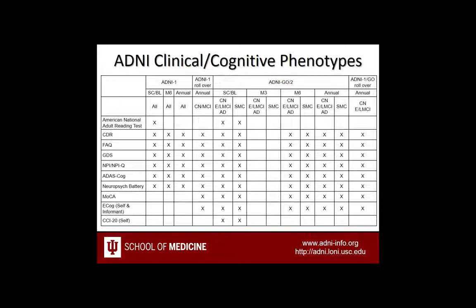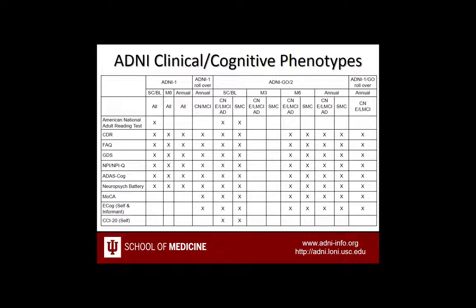So there was an AMNART given at baseline to generally get educational or the sort of underlying IQ. Then the CDR, the FAQ, the GDS, the MPI, ADAS-Cog were all done at every visit. And then there was a neuropsych battery, which I will go show in the next slide.